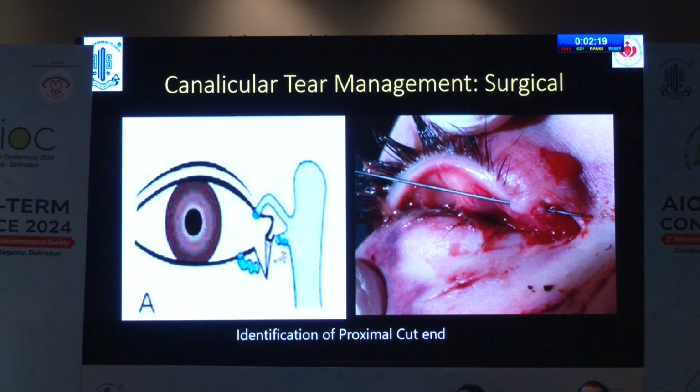Once you have the cut, this is further retracted towards the orbit, and then it is difficult to identify this cut end. So the first key step for identification of the cut end is to use magnification. You can use either a microscope or loupe. I usually use the microscope and inject a very little amount of anesthetic. And the third tip is to do blunt exploration and keep your sharp-tooth forceps only for retracting the skin.